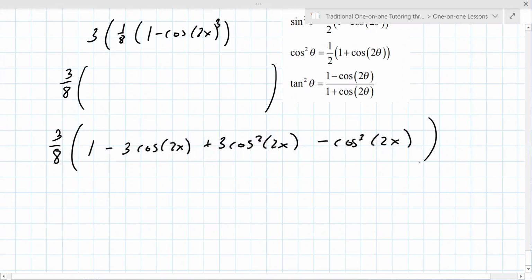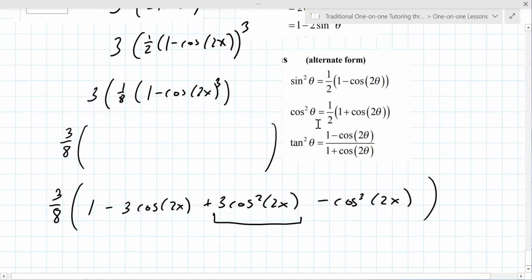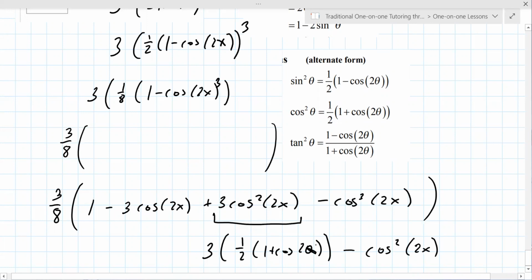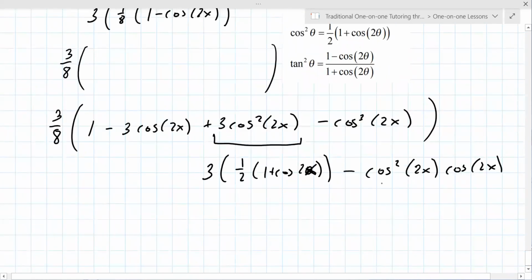I was trying to explain earlier that for this one right here, you have to use the same thing. You have to say cosine squared is really 1/2 times 1 plus cosine 2 theta. But this last one is cosine squared 2x times cosine 2x, and cosine squared 2x is really 1/2 times 1 plus cosine 2x.